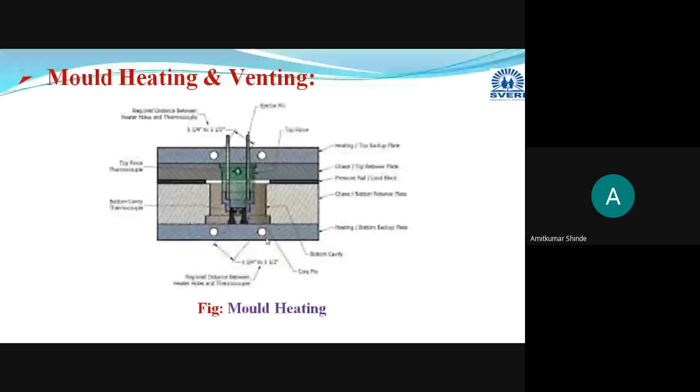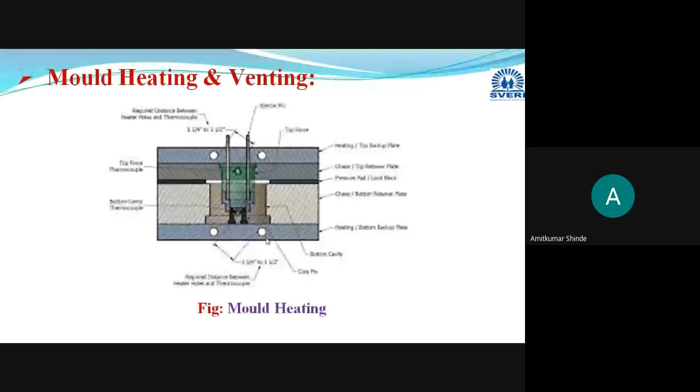In this, we are going to discuss the mold heating and venting: how the mold heating is done by using various mediums in case of compression molding and in case of transfer molding, and why we are providing the venting, what is the main objective of providing the venting, and how it is provided. Okay, it's related to its dimensions. And after that, the final part will be design of compression mold.